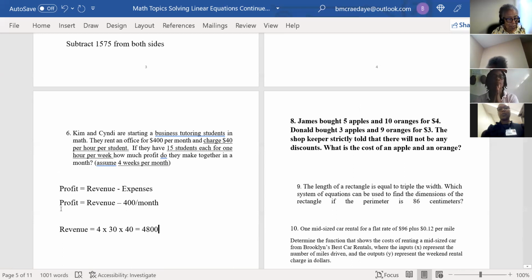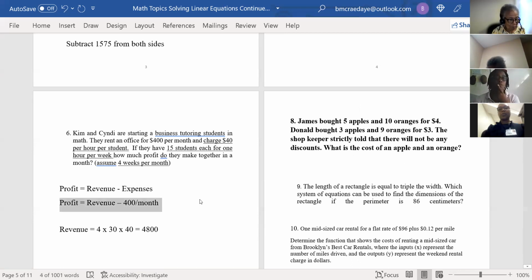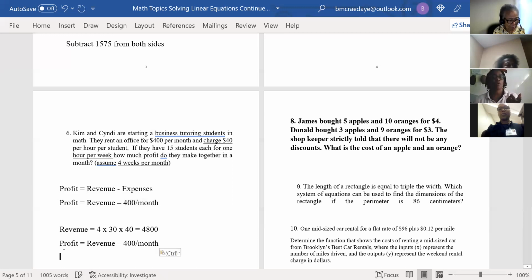So what's the profit? All you have to do is take the 4,800 for the revenue minus how much they're renting the office for in a month.